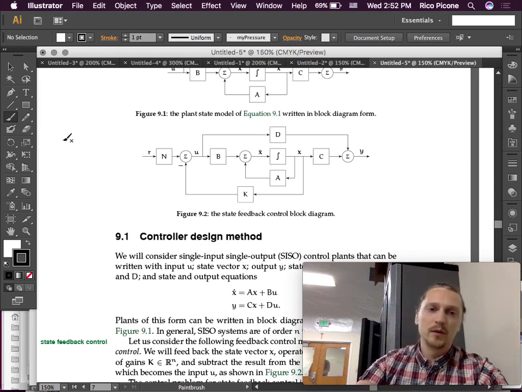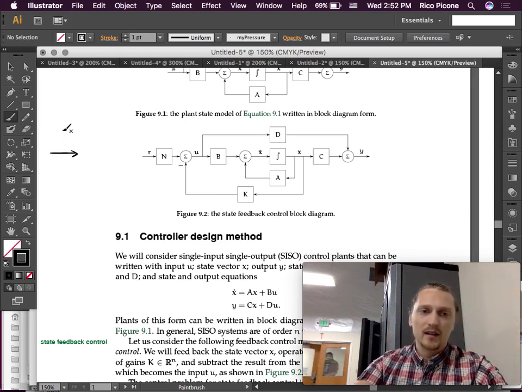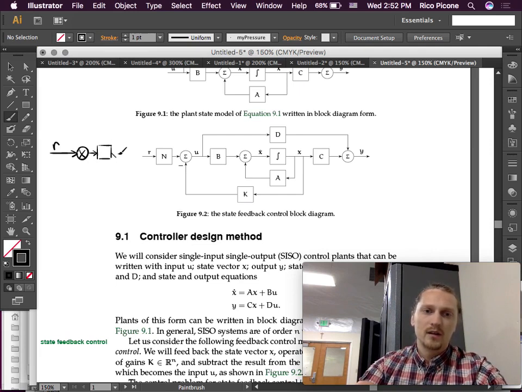Our control loop looked like command, summing junction, controller, and then plant, and then output, and then it was just unity feedback, right?